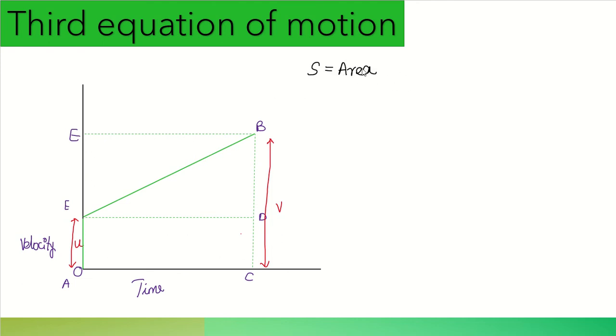So instead of splitting that into two shapes, I am going to take the complete trapezium. The area of the trapezium OABC. Remember, in the derivation of the second equation of motion, we split this area into a triangle and a rectangle. Now we are just taking the complete trapezium.